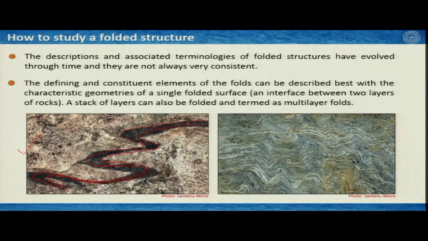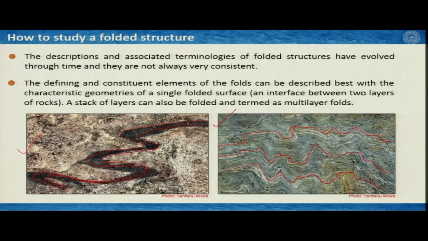But that is not always the case. Sometimes you find a stack of layers that can also be folded, and in that case we term them multi-layer folds, which is the second image we see here. You see here, these are alternate bands of metamorphic foliations, and you see this layer got folded like this, then this layer got folded like this, the layer in between it got folded like this.